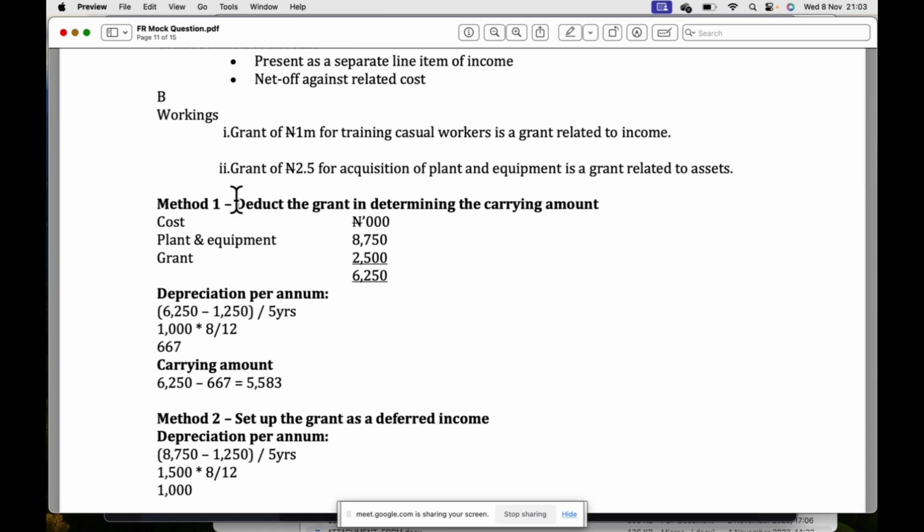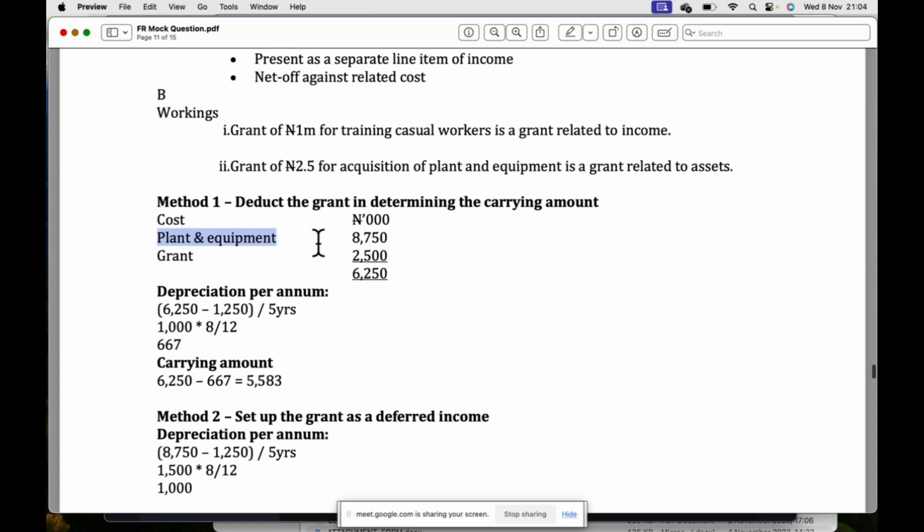So the first method is that I will deduct the grant in determining the carrying amount of the asset. How does that work? They told me that the cost of the plant that I bought is 8,750,000.